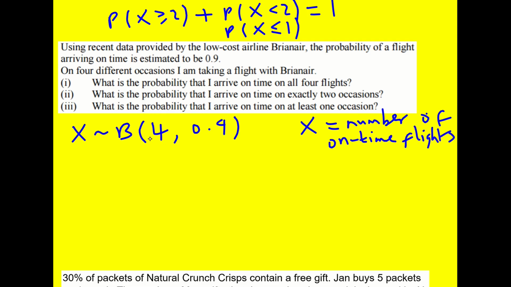Okay, but once I've turned it into this situation, I've turned it into this mathematical problem away from the words. So for them to be on time for all 4 flights, it's going to be that X is equal to 4.